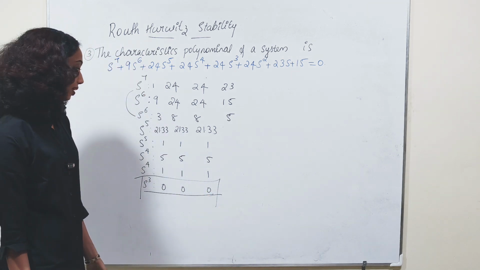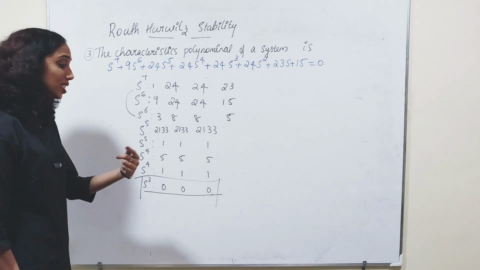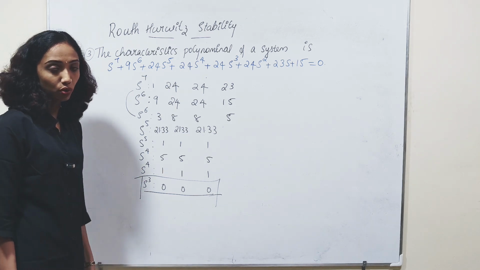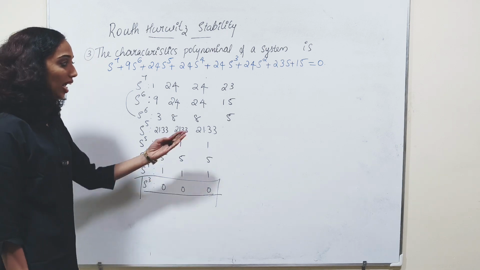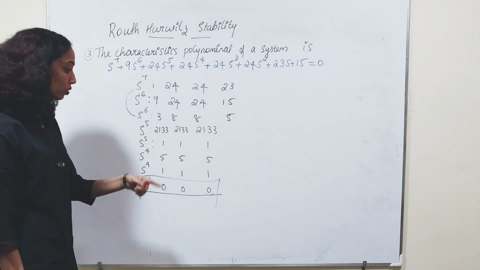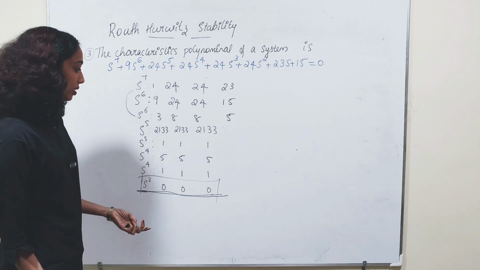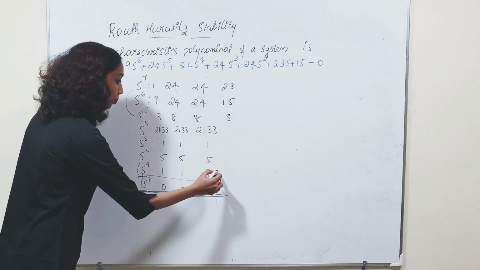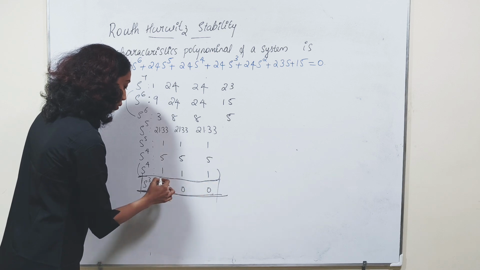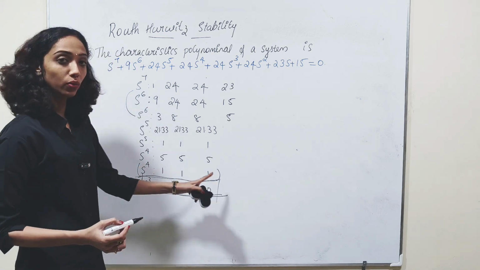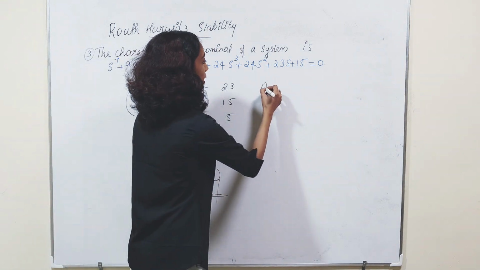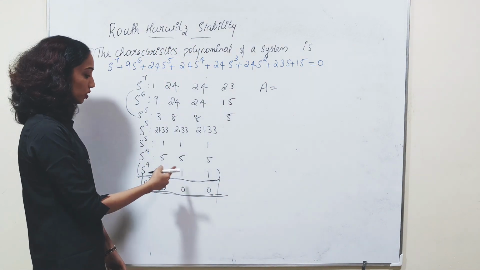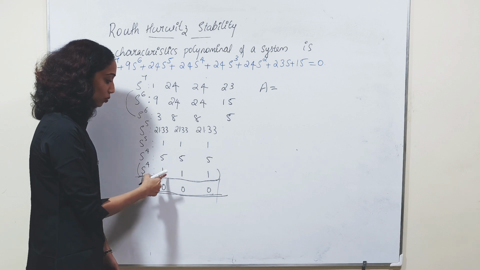The auxiliary characteristics equation is formed at the stage of s raised to 4. We want to check the stability, so we take the coefficients obtained in the row of s raised to 4, which are 1, 1, 1.